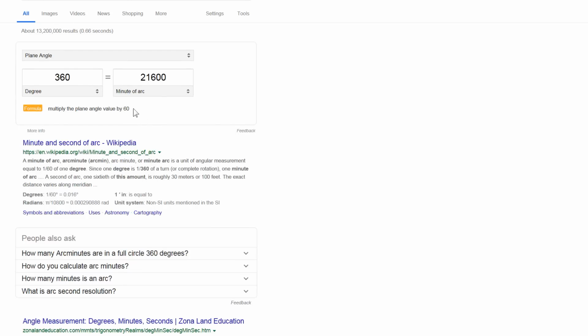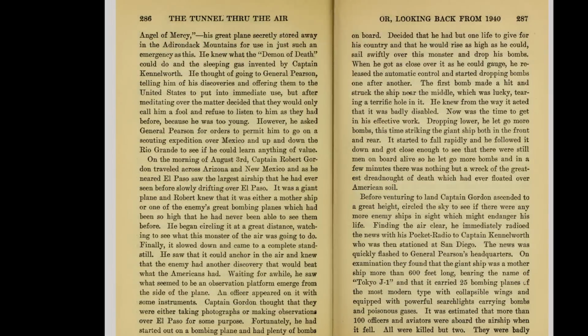And those are considered minutes of arc. Since there's 360 degrees in a circle, you multiply that by 60 and you get 21,600 minutes of arc in the 360 degrees. So if that number ever shows up somewhere in calculations that you're making, you now understand why that particular number or something very close to it would be important.